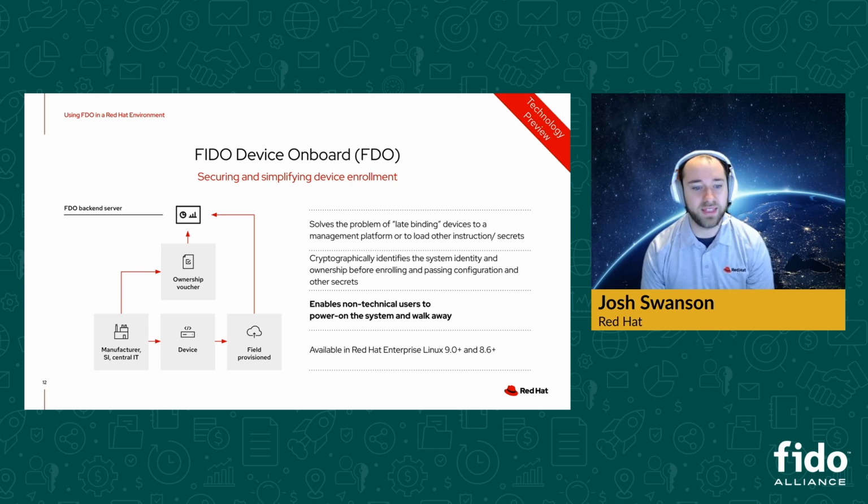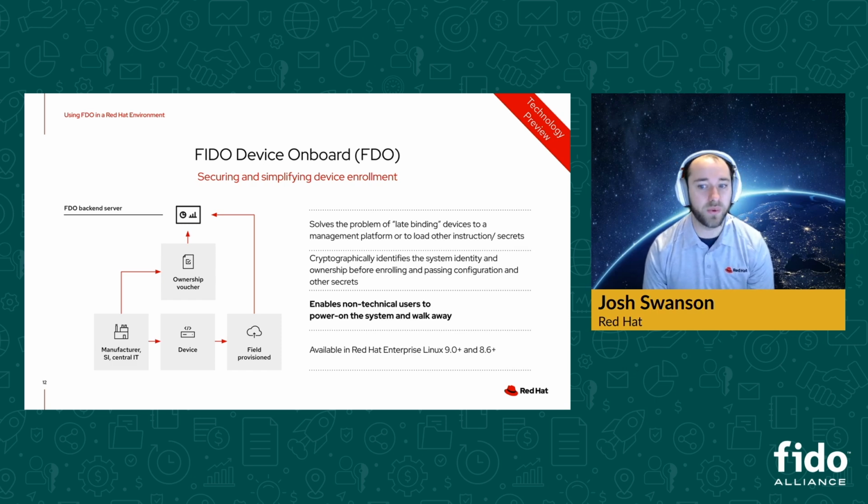FDO provides that late binding mechanism that allows us to load potentially secretive or controlled or high privacy required data or software onto devices in a very secure way, right? We're confident in the device being who it says it is. We're confident it hasn't been tampered with. That means we can safely onboard it.